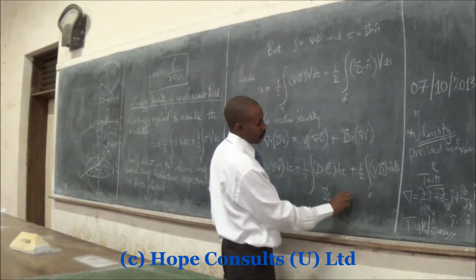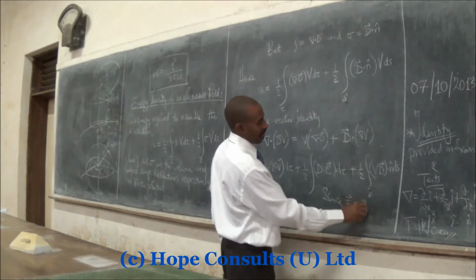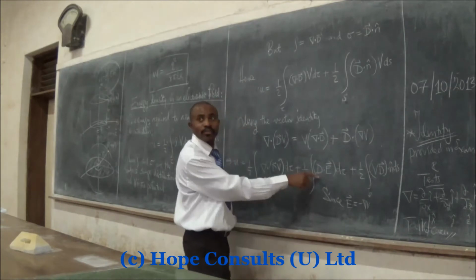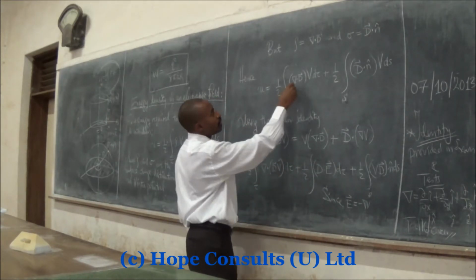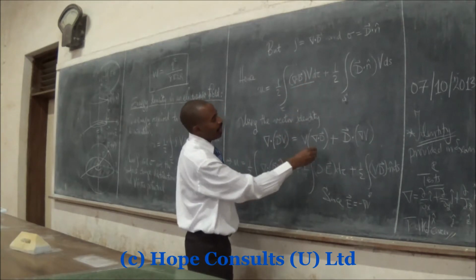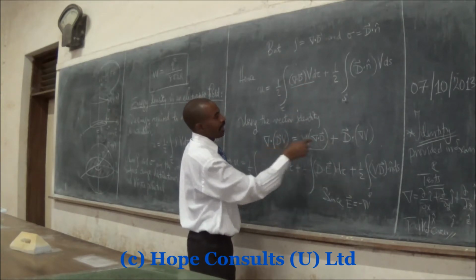Since E is equal to minus grad V, because I know most of you are having trouble here, I will substitute this with this, which is equal to this minus this.